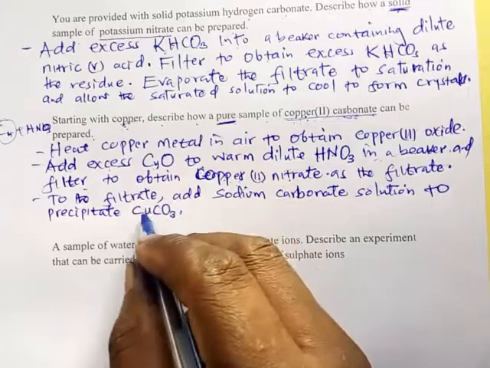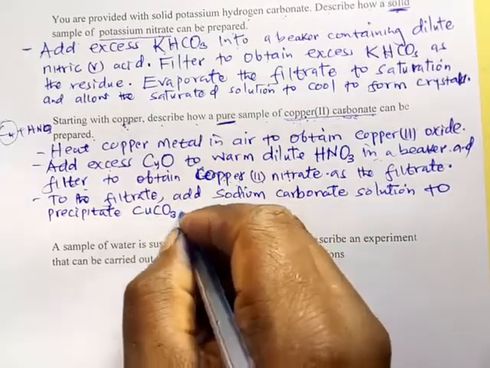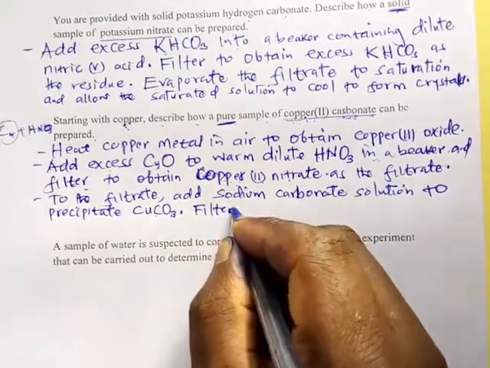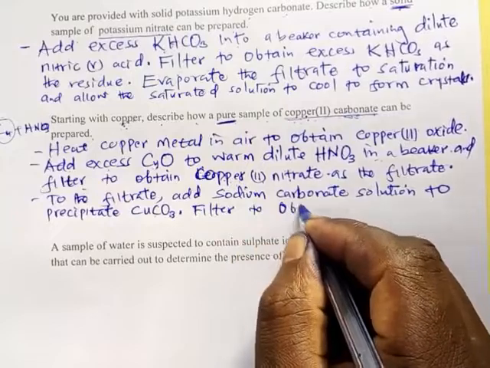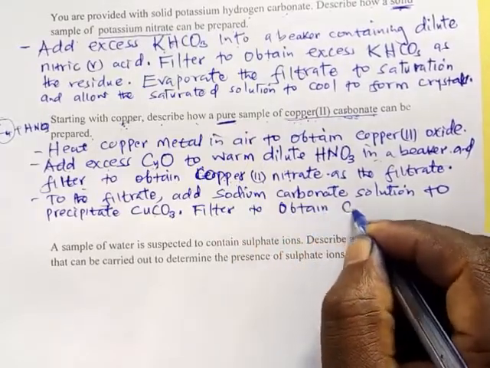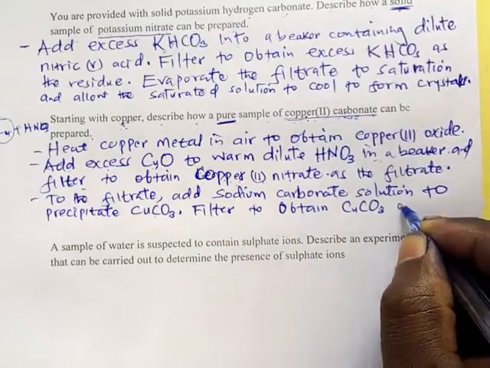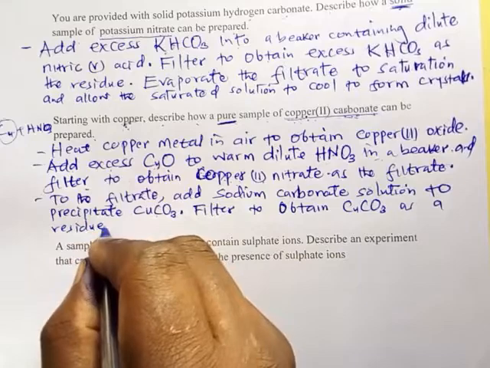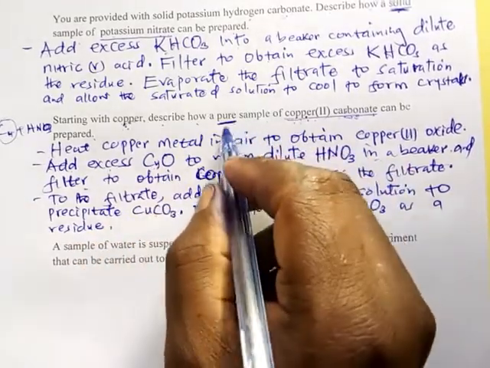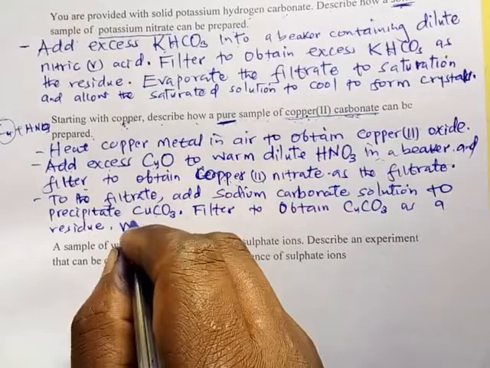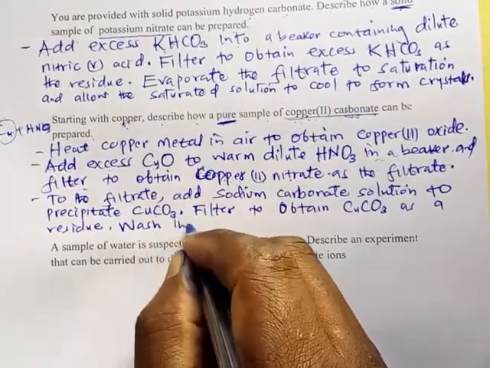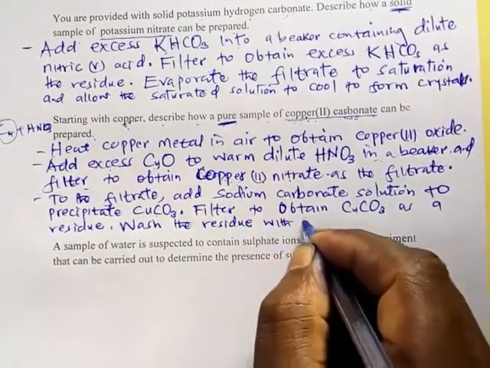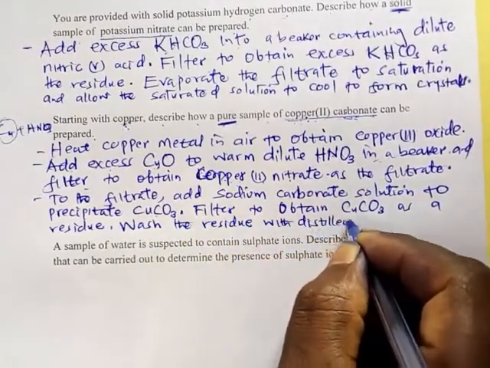Then what do we do? Because we want solid copper carbonate, we filter the solution. Next is filter to obtain copper carbonate as a residue. Because we were told pure, you need to wash the residue with distilled water.